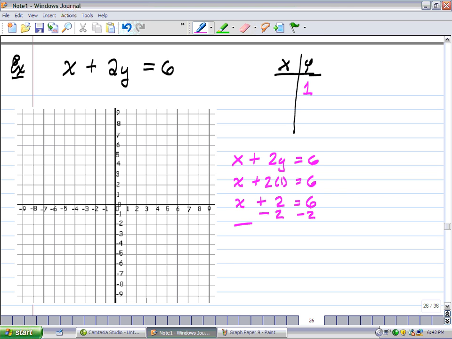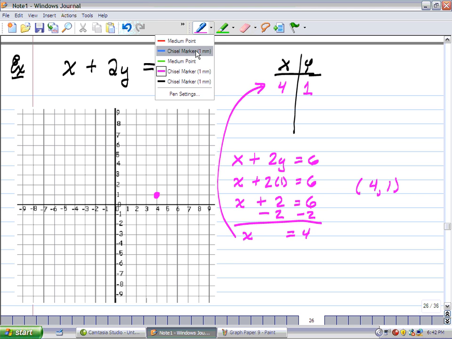Subtract 2 from both sides, so x is equal to 4. So I need to now put the 4 in the table. Make sure if you pick it for the y that you write it under the y column so that the point that you actually graph is in the correct order. The point I want is 4 is the x and 1 is the y. So I'm going to go over to the 4 and up across from the 1.